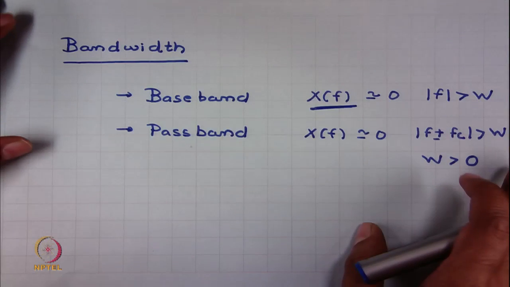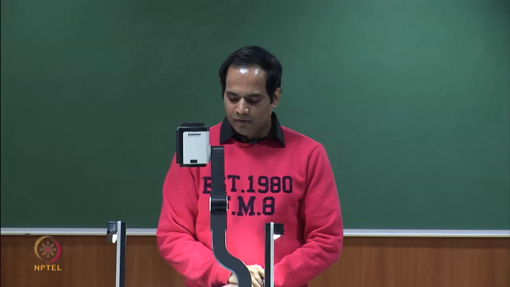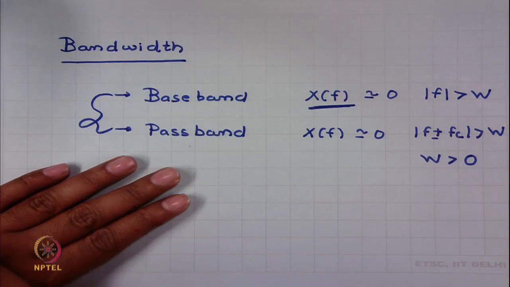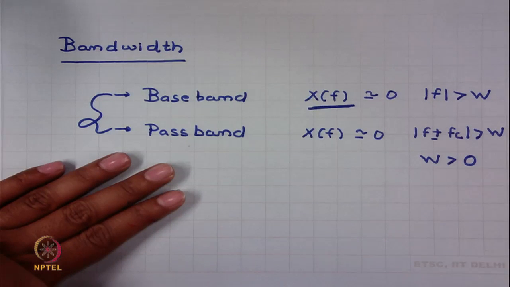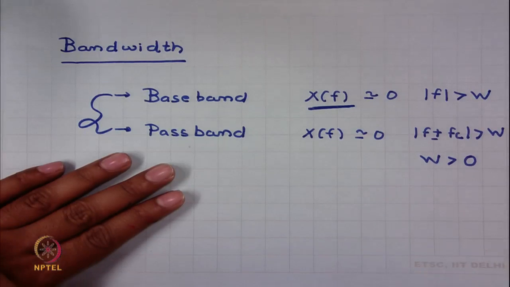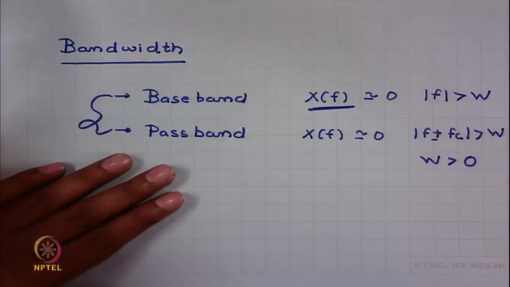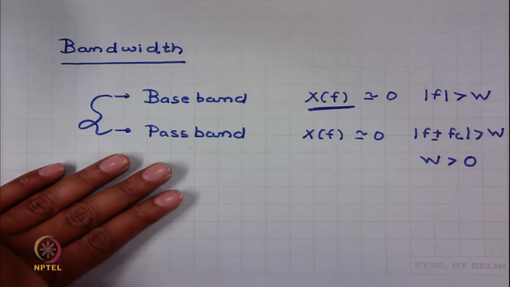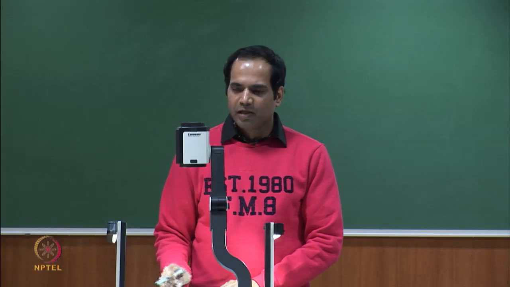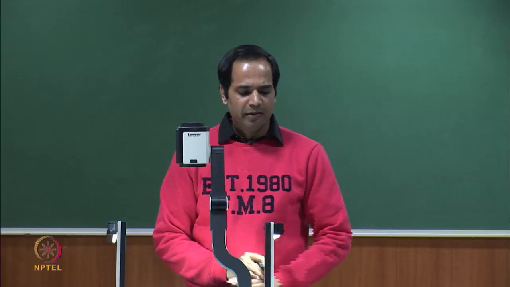Okay. But before all of this, let us now talk about the bandwidth of the signal, and before even talking about the bandwidth of the signal, let us talk about these two kinds of signals or systems, the baseband signals or systems and passband signals or systems. So, mathematically we can say a baseband signal or system is one whose spectrum is mostly concentrated around DC, and a passband signal or system is one whose spectrum is mostly concentrated around a certain frequency Fc, and that is easy to understand.